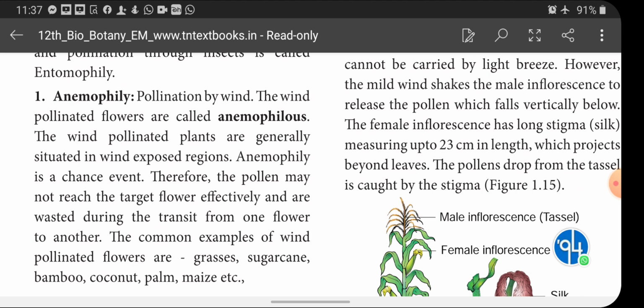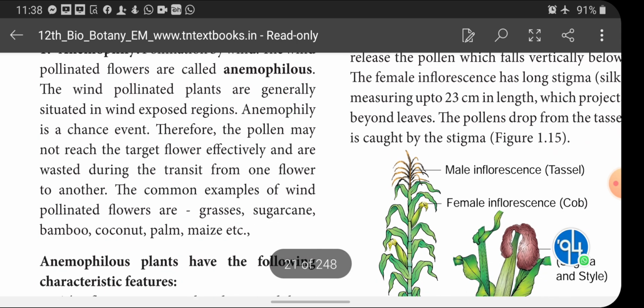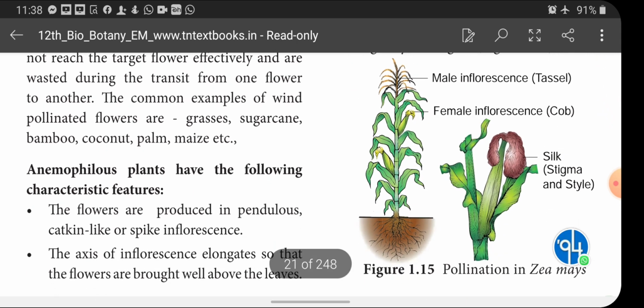Hence anemophily is called a chance event. The common examples for anemophily are grasses, sugarcane, bamboo, coconut, palm, maize, etc.